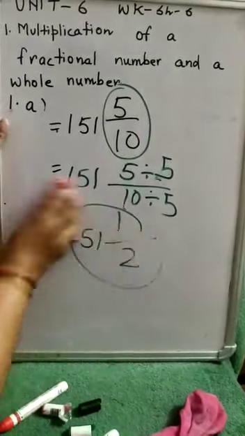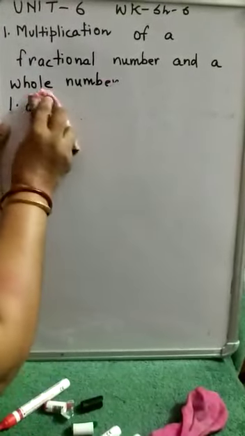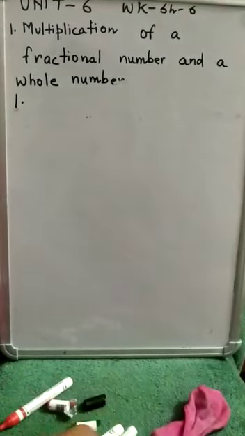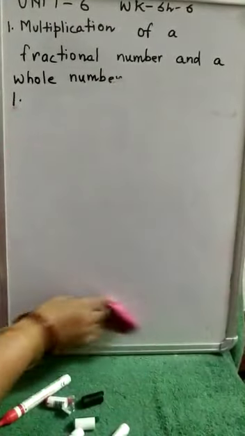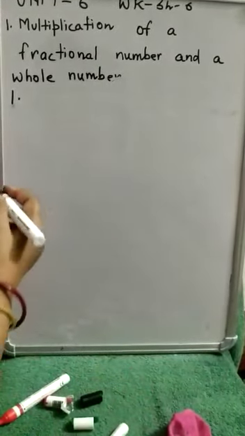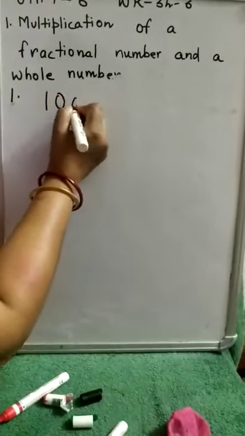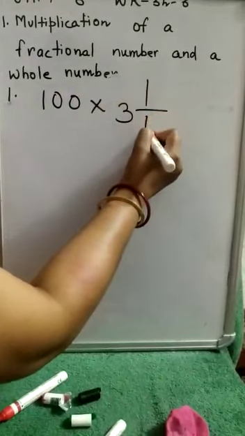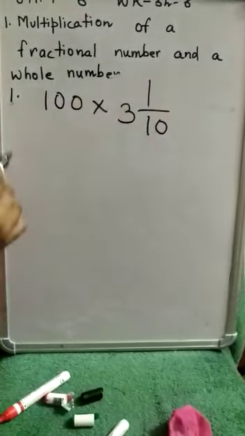Okay children. Now let us move to another question. Next question is 100 into 3 1 by 10, correct. This 100 is a whole number, 3 1 by 10 is a mixed number.